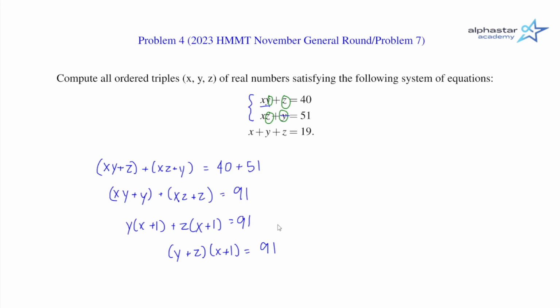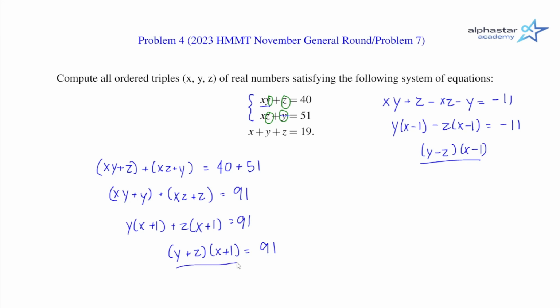If we had done the same thing with subtracting, that does yield an equation. When we group them up, we are still able to factor them, but notice the terms we end up with: (y − z)(x − 1) versus (y + z)(x + 1).